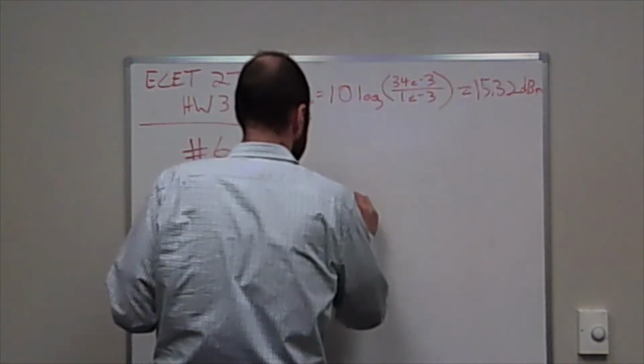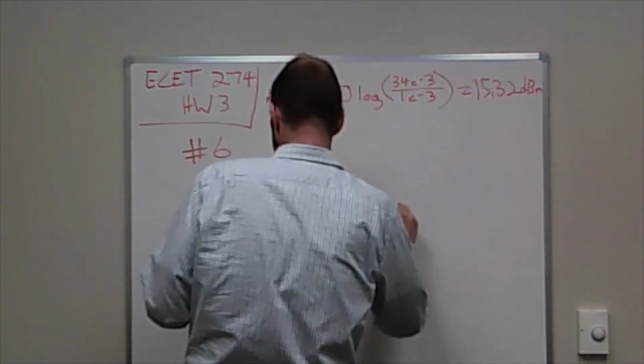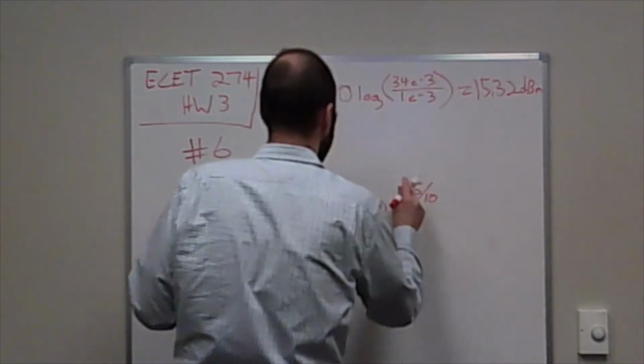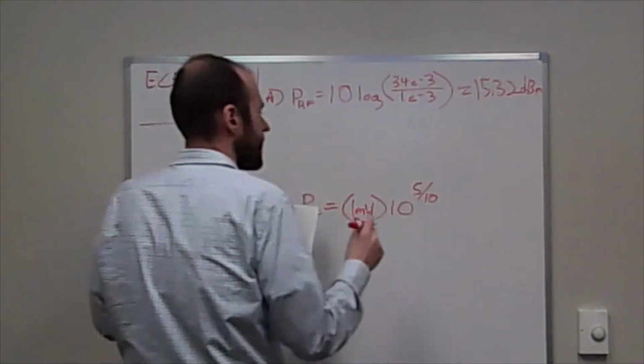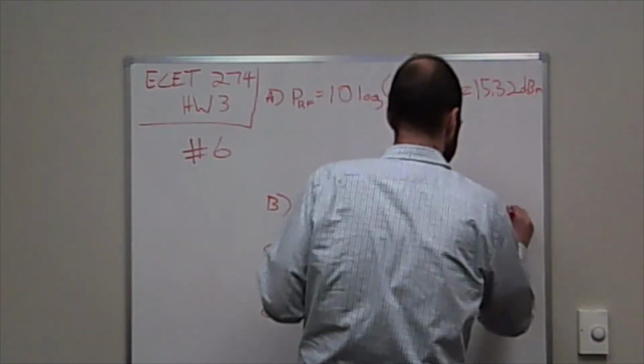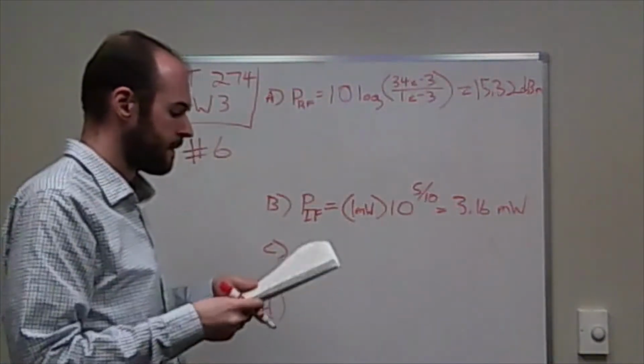PIF is equal to 1 milliwatt times 10 to the 5, which was our given quantity, divided by 10, is 3.16 milliwatt for that power in watts.